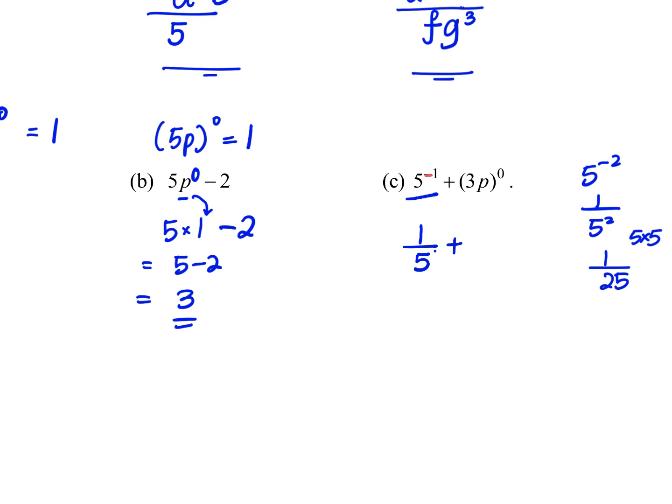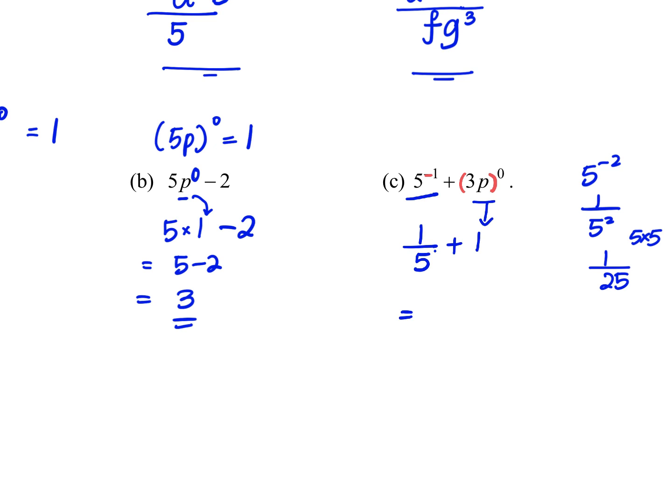Plus our next portion, this is 3p whole thing to the power of 0. So this power of 0 is for the whole thing itself. It's not just only for the letter P. So in this case, anything to the power of 0, the whole thing would change to the number 1. Now, a lot of students will leave this as the final answer. No, this is not correct.